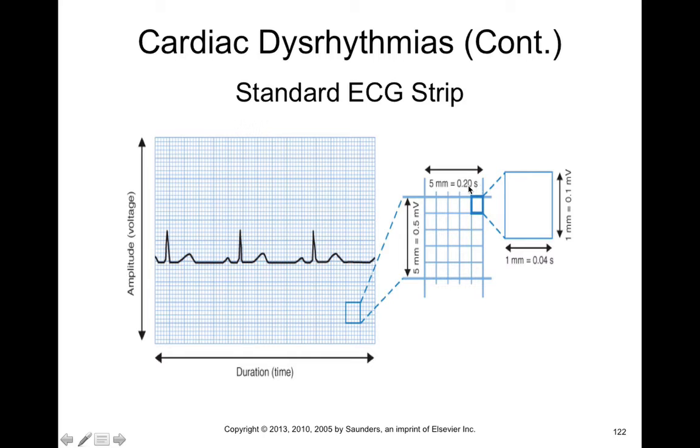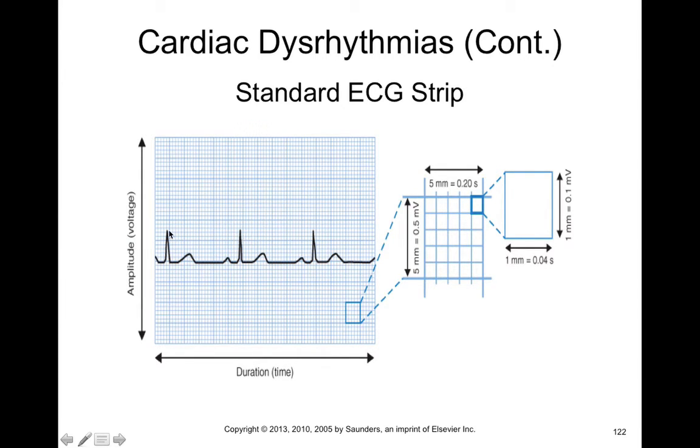So that is 200 milliseconds. And so if you have a peak here and a peak here, we count, okay, here's 0.2 seconds, here's another 0.2 seconds, and that's 0.2, and that's 0.2, and that's 0.2. Well, that's 5 little 0.2 second intervals, which equates to 1 second.